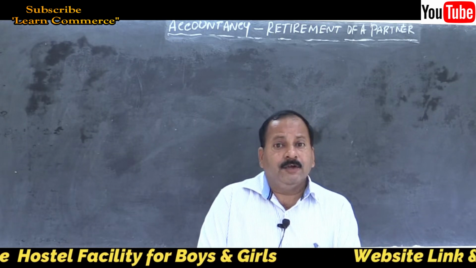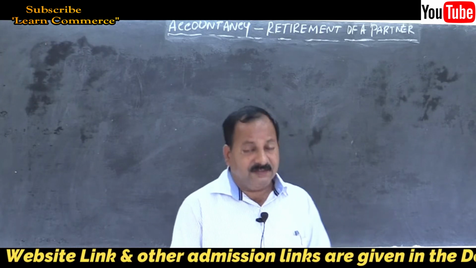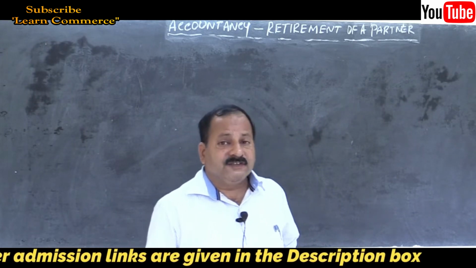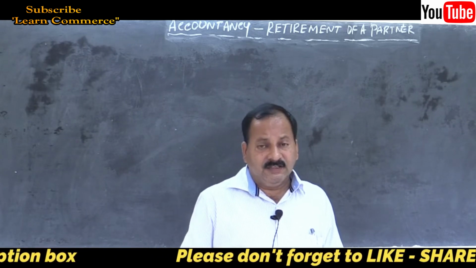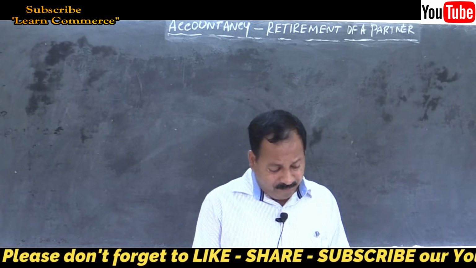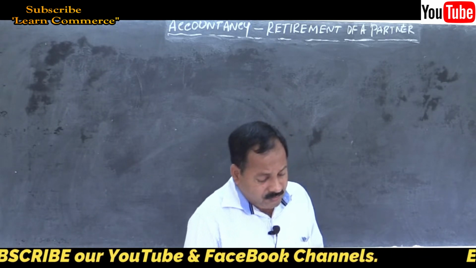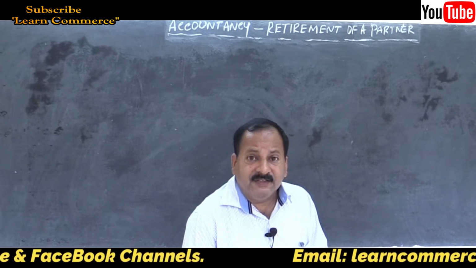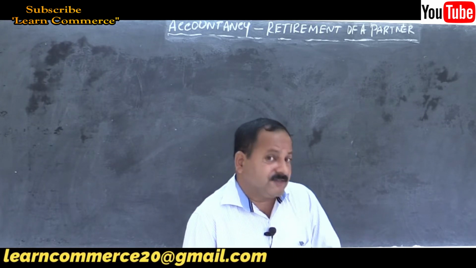Then you have to give goodwill treatment depending upon the method that is asked in the problem, first, second, third, fourth or fifth. Then you have to pass entries for adjustment of capitals.